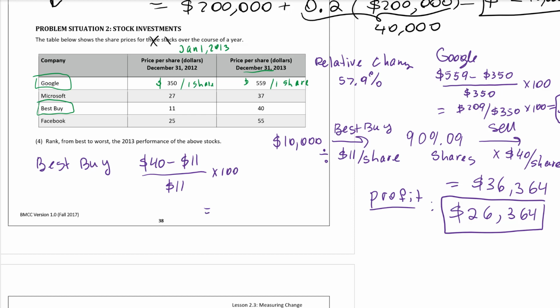So that's 29 divided by 11 and then multiply by 100. Oh, I lost it. Let me do it again. 29 divided by 11 multiplied by 100. It's a whopping 263.6% increase. I'm using one decimal place. So that's for Best Buy.